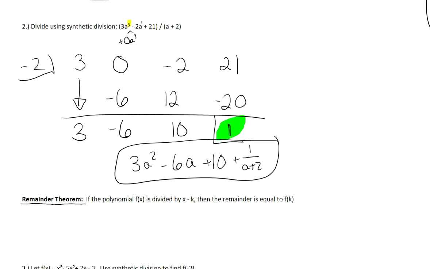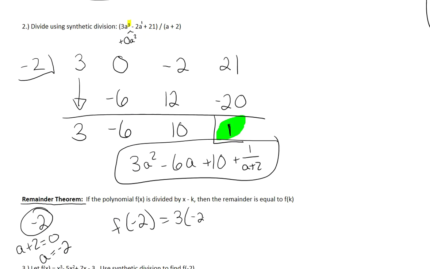And based on this remainder theorem, what it's saying is that if I take -2, because if you think about a plus 2 and we solve for a, so if I take -2 and I plug it into the function 3 -2 cubed minus 2 times -2 plus 21, I hopefully will get the remainder, which is 1.